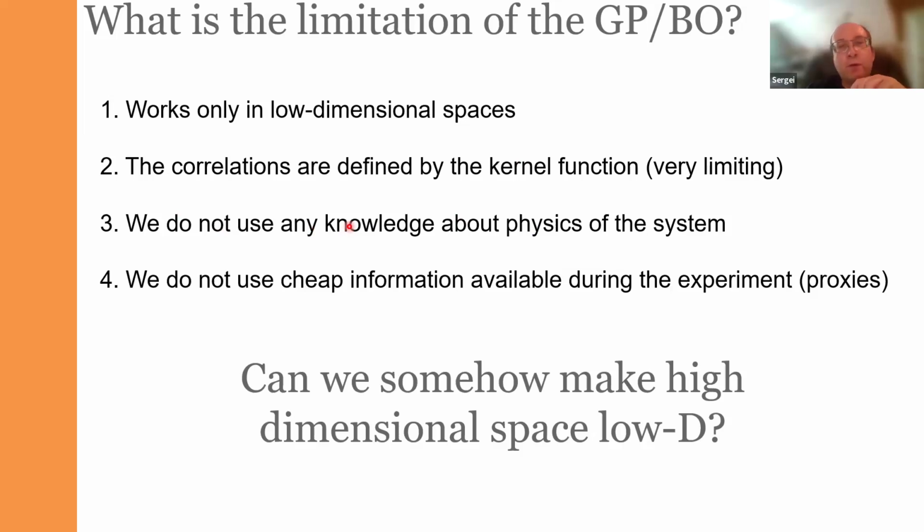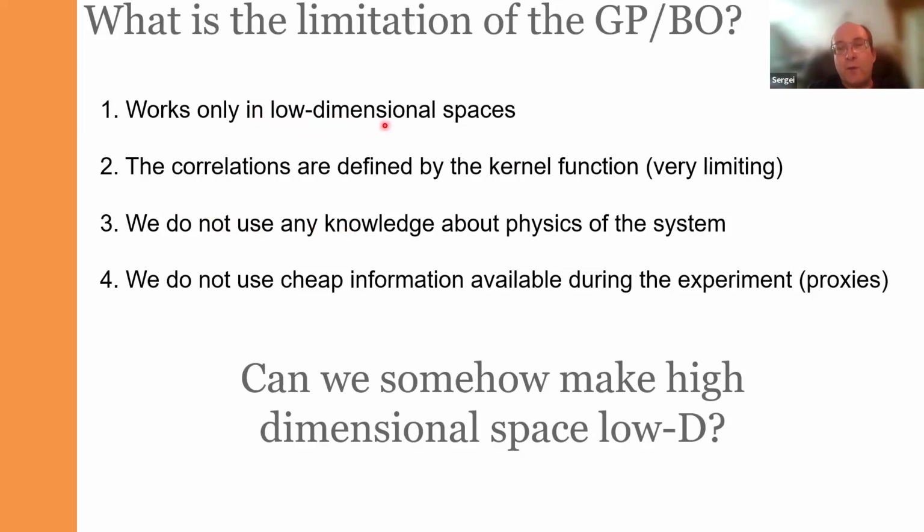Okay. If no questions, then let's go back to the case of deep kernel learning and recap why deep kernel learning is necessary in the first place. All the examples that I've shown you so far operate only in low dimensional spaces.